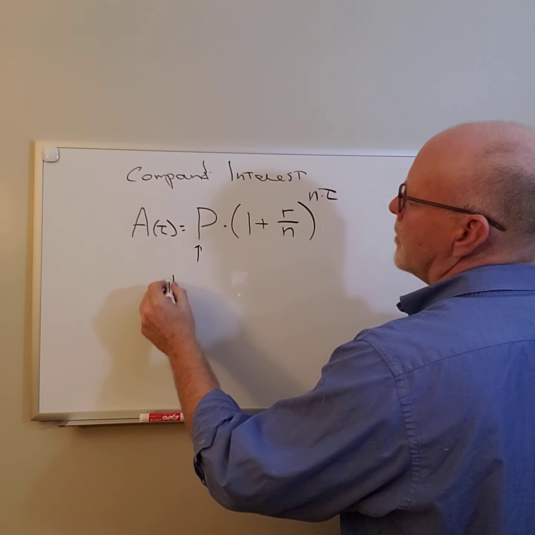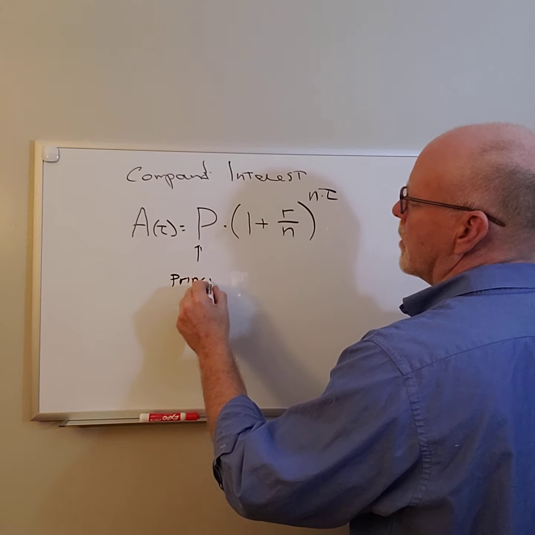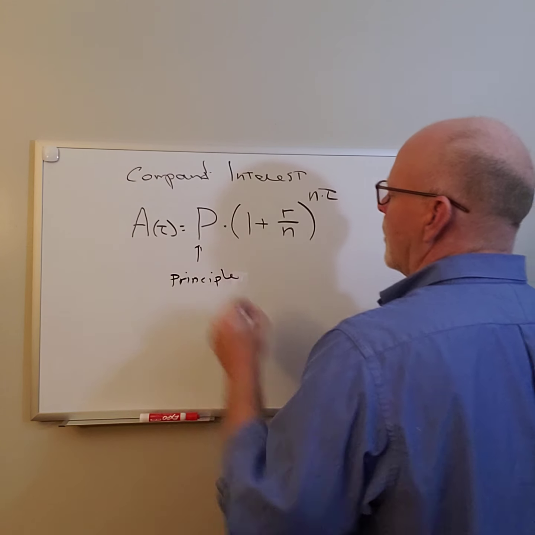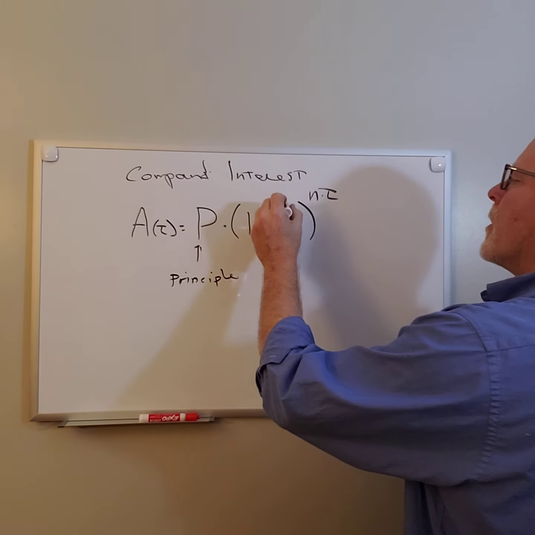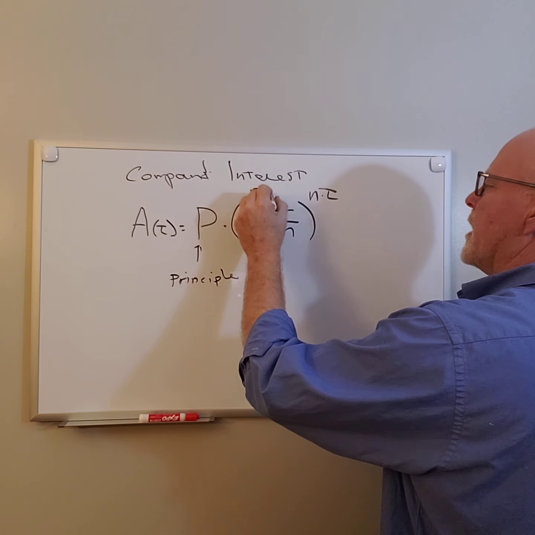This is principal, just means how much you invested. 1 is 1, r is the rate as a percent.